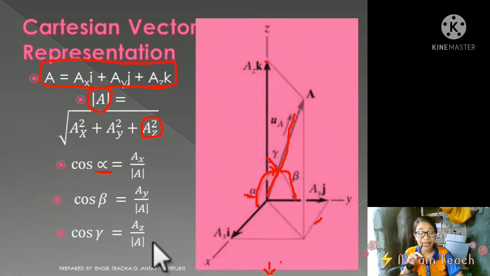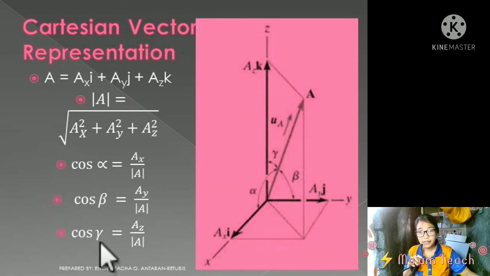Unlike in two dimensions, where we only get the theta. In this case, we don't use theta because theta is used only in two dimensions. Here, alpha is the angle that describes your direction from the x-axis, beta describes your direction from the y-axis, and gamma describes the direction of the force or your vector from the z-axis.